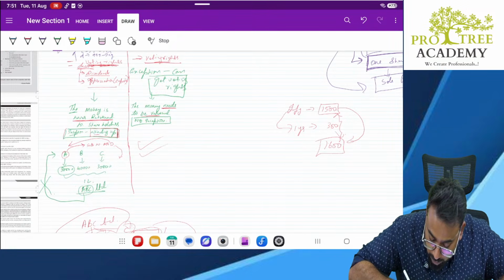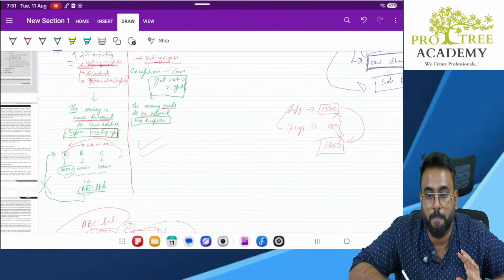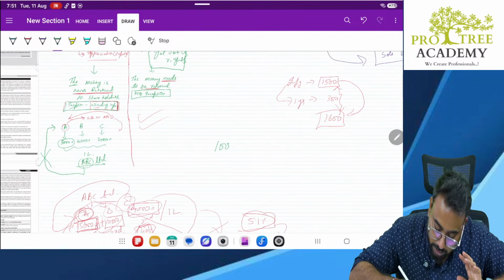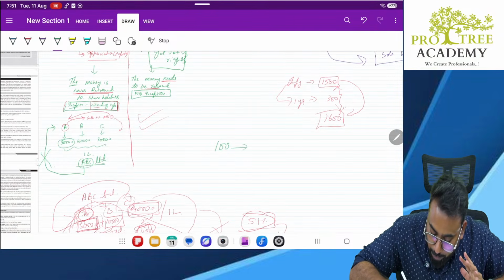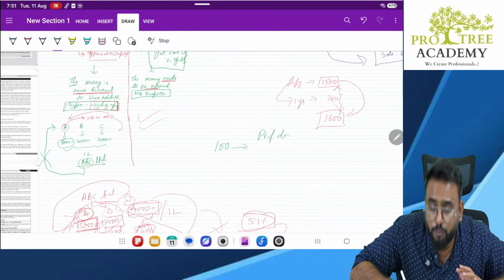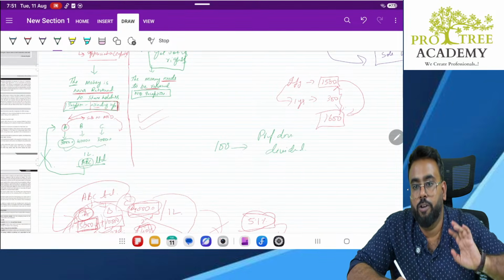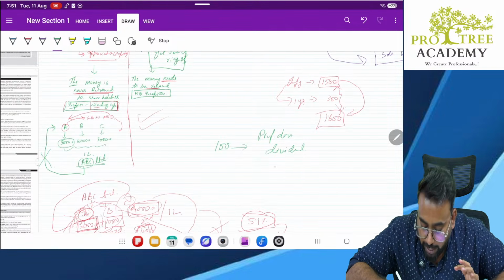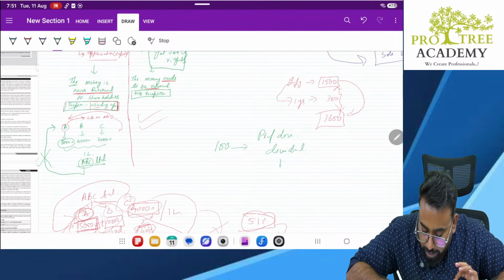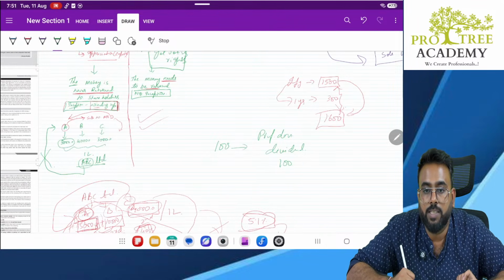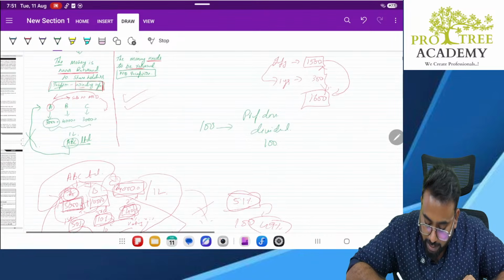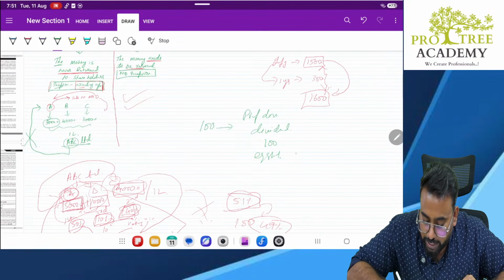Suppose you earned a profit of 100 rupees. And there are preference shareholders for whom you have to give the dividend, and that dividend comes to 100 rupees. And there are equity shareholders who are also expecting 50 rupees as dividend.